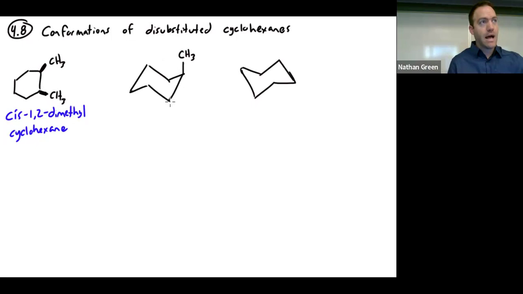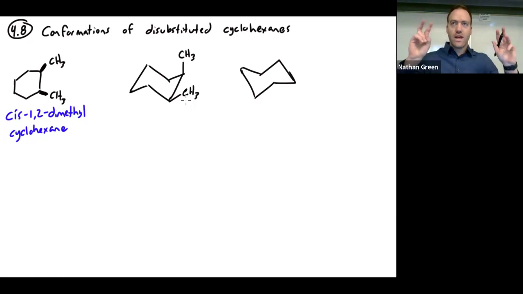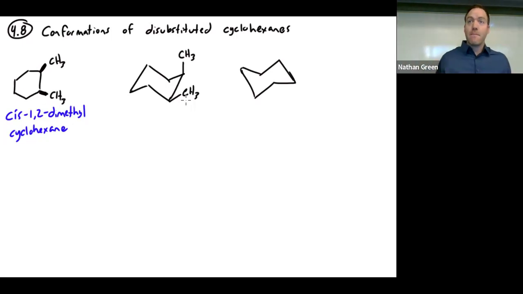Do I draw this up position axial or equatorial? Axial would be straight down. So the other one, equatorial. Both of these methyl groups are on a wedge. Both of these methyl groups are above the ring. One's axial, one's equatorial.